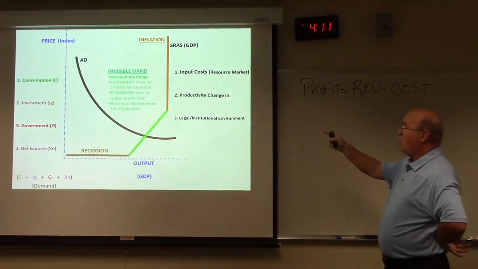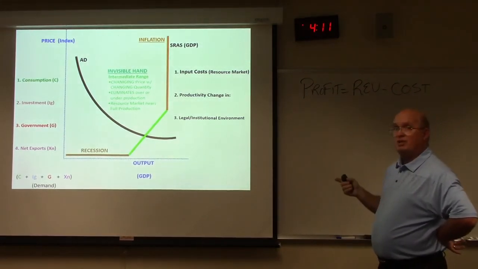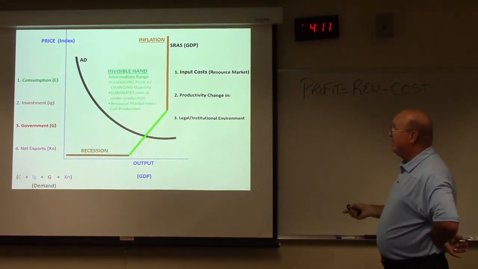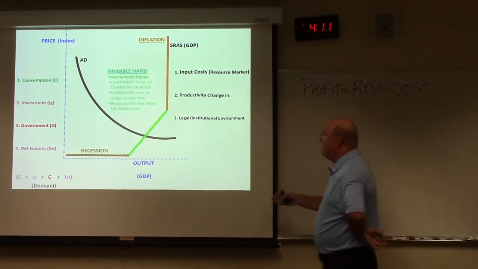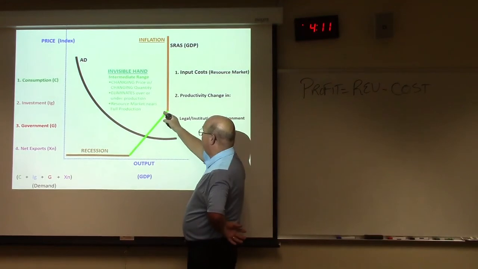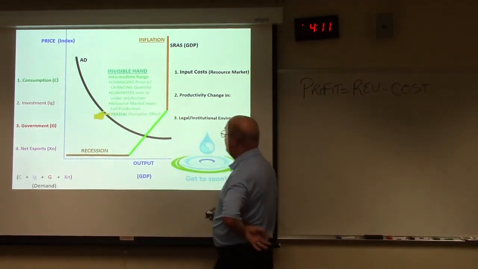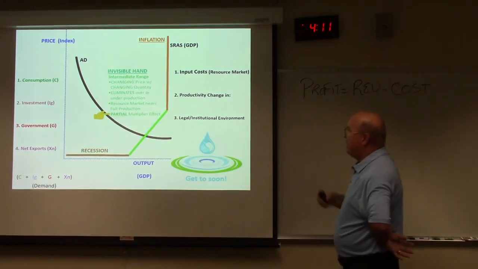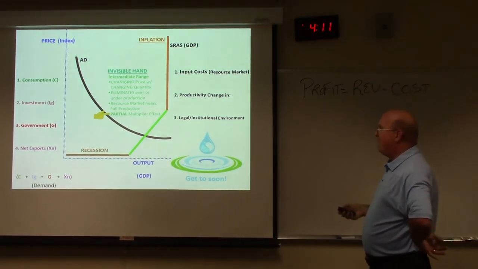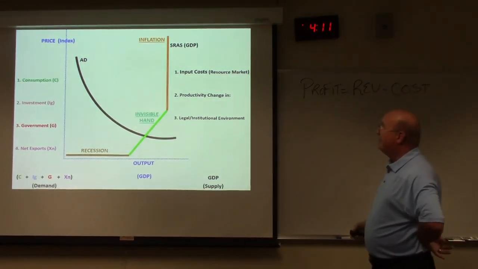Changing price, changing quantity eliminates over or underproduction, shortages and surpluses, and the market nears full production. If it's working right, we should never get here because we'll have other opportunities. Meaning we may also have partial multiplier effect, and we'll talk about that later. So we got inflation, invisible hand, and recession.